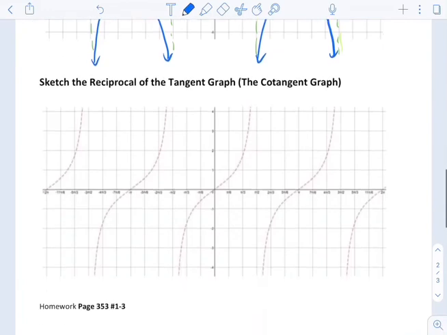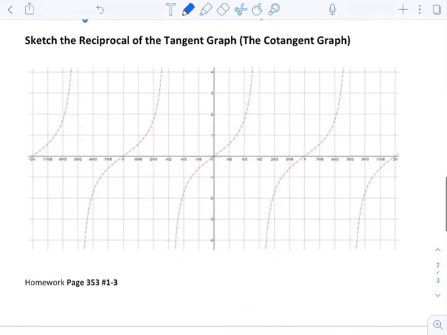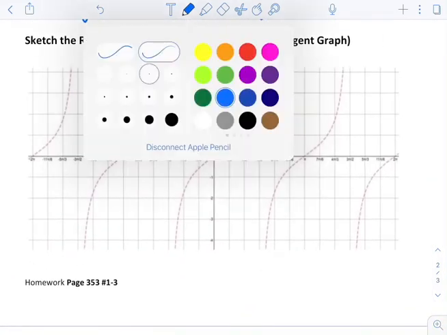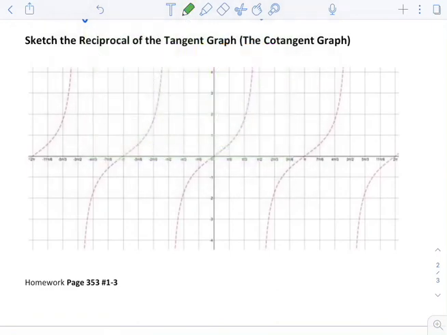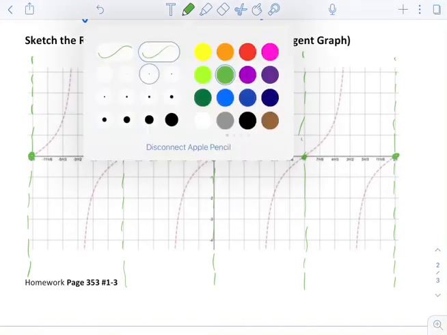And lastly, tangent. We want to graph cotangent. Same idea, I'm going to put where the x-intercepts are and draw my vertical asymptotes. Now, let's go with our graph.